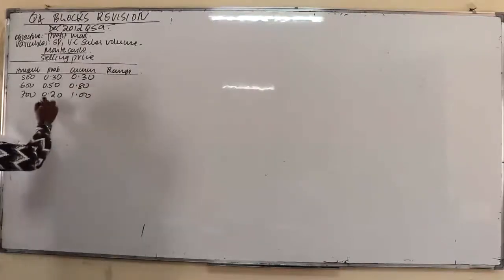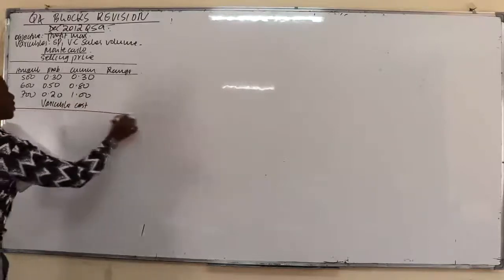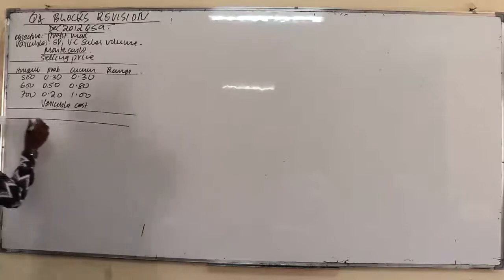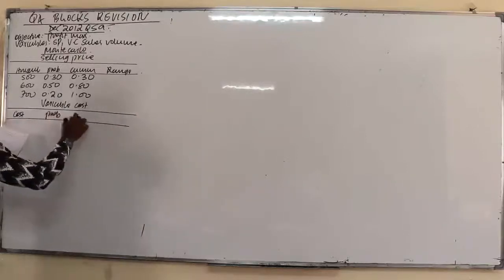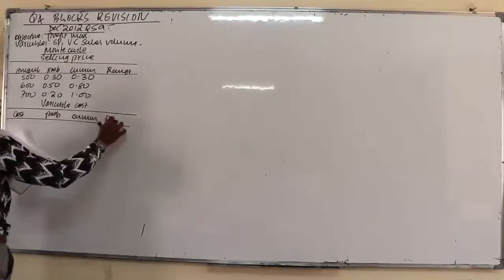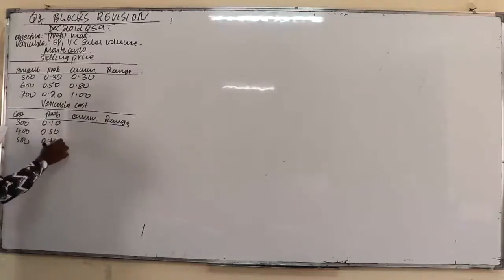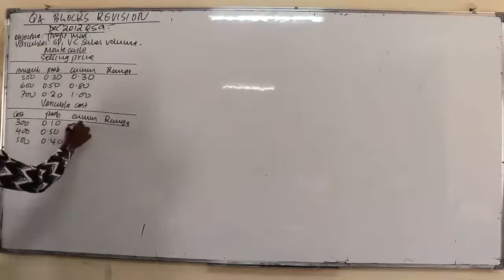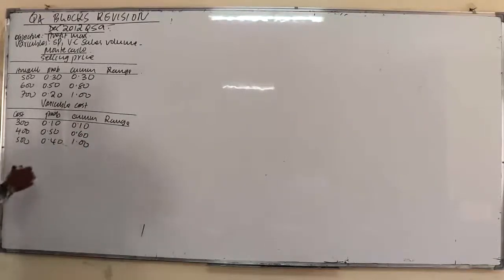Then we go to the variable cost. The same: we have the cost or the amount, probability, you cumulate the probability and then you range. So it's 300, 400, 500. Probability is 0.10, 0.50, 0.40. Let's cumulate: 0.10, 0.60, 1.00. And lastly, we have the sales volume.